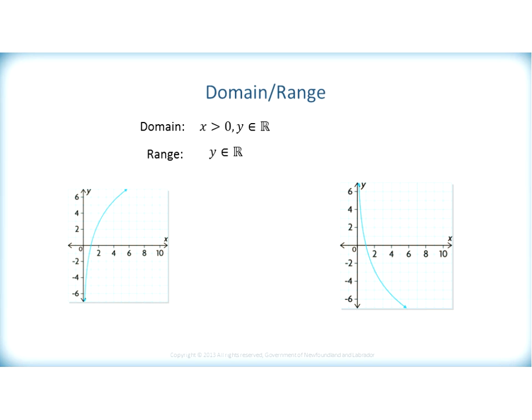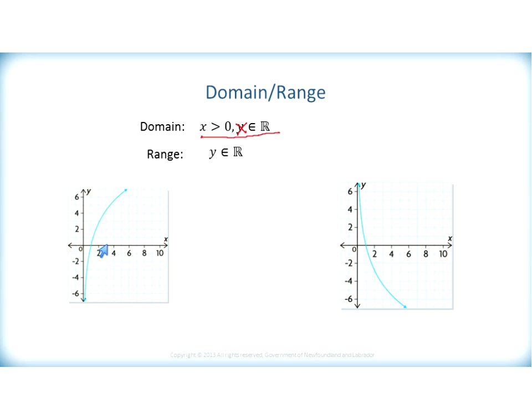When we're looking at the domain and range for a log function, the domain is x is greater than 0. Sorry, that should be x belongs to the set of real numbers, that is, we can only have values for x above 0.